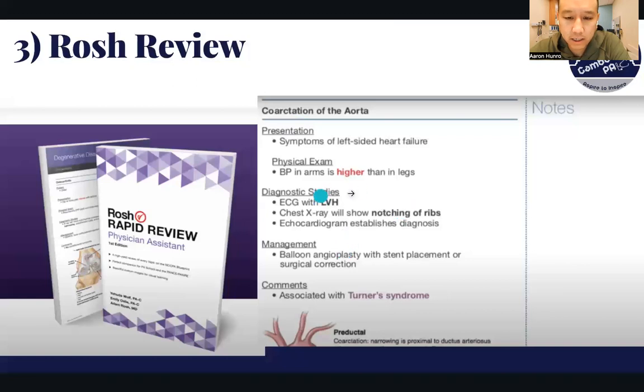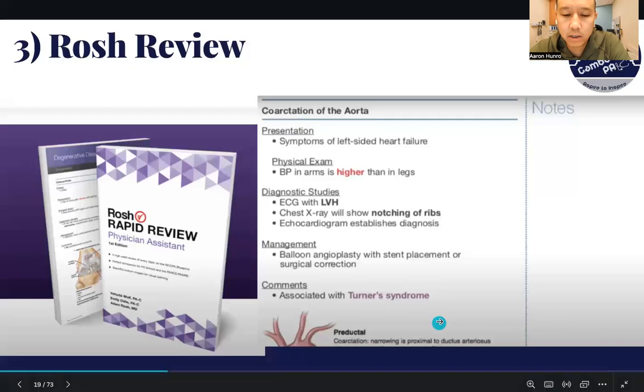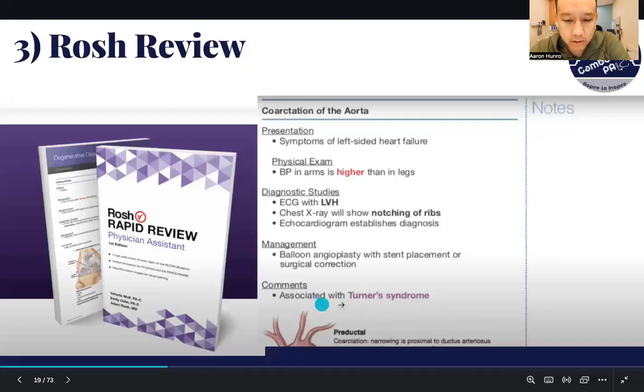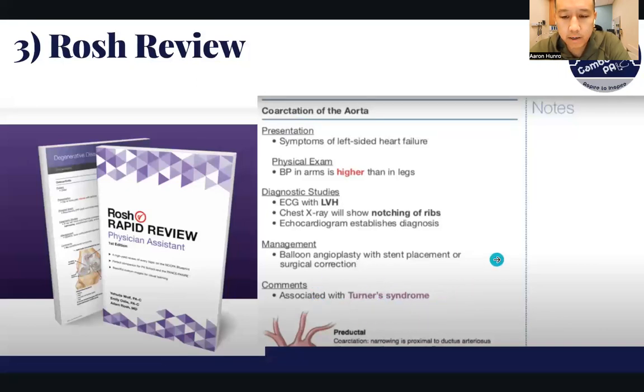I like that a lot of them are bolded to show you need to know these things, or different pearls like associations and contraindications. There are some images and diagrams, but not to the extent of some of the other resources that we've talked about and that we will be talking about.